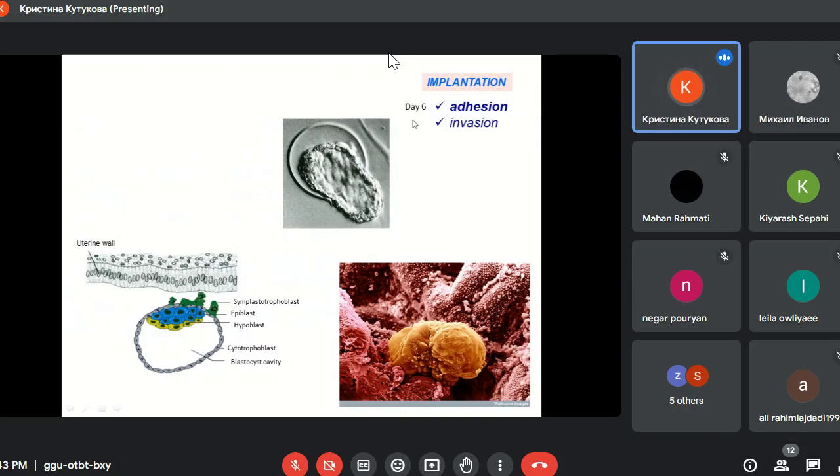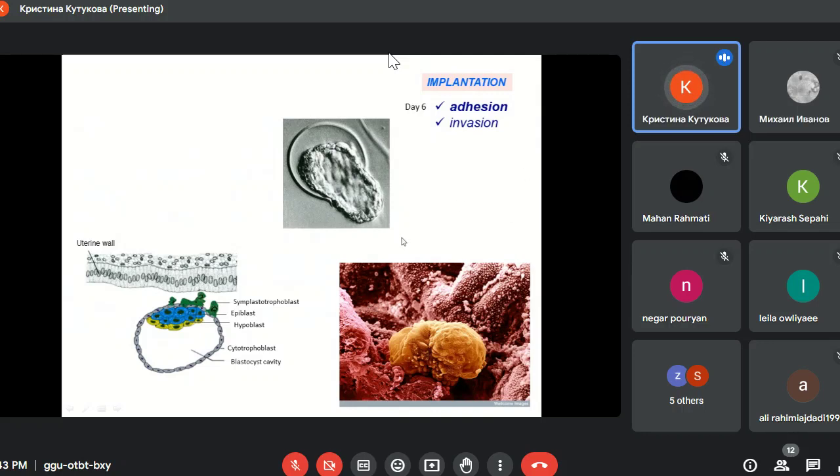Adhesion means attachment, invasion means going inside. Adhesion starts from the exiting of the embryo from its surrounding membrane inside which it was previously, and then this embryo is attached to the surface of the uterine epithelium, which is here.